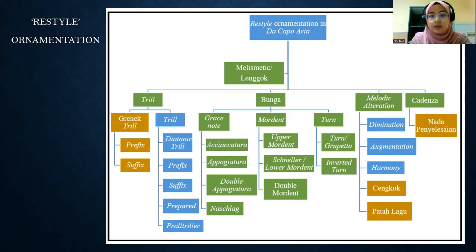For melismatic, we have 4 divisions: trill, bunga, melodic alteration, and cadenza. So trill will be divided into Greek trill, prefix and suffix. And the blue color here, the trill, prefix, and suffix, is from Western.